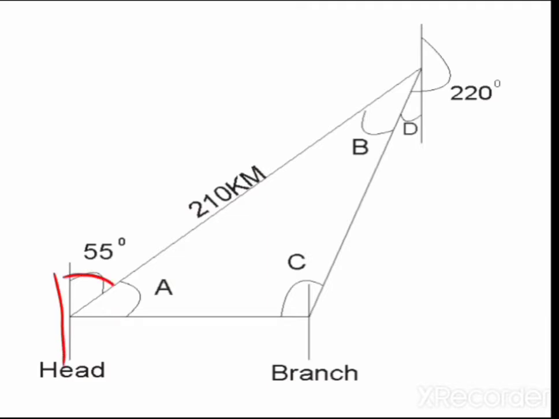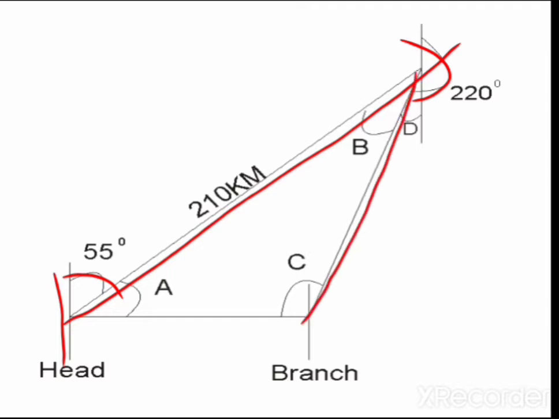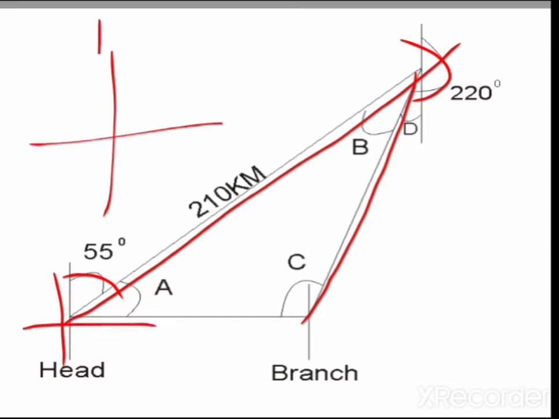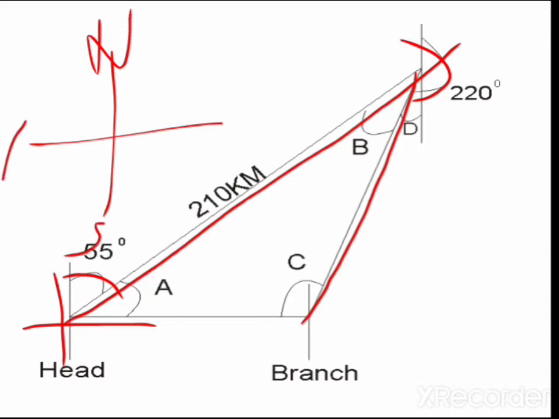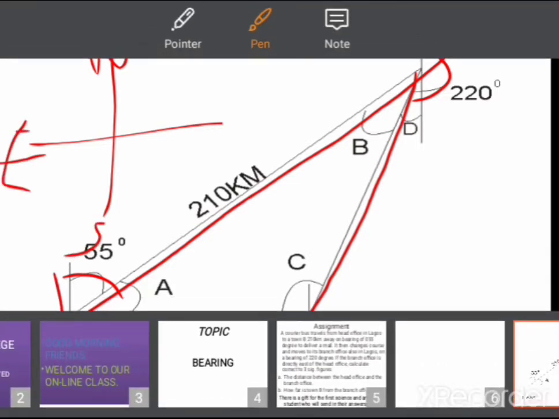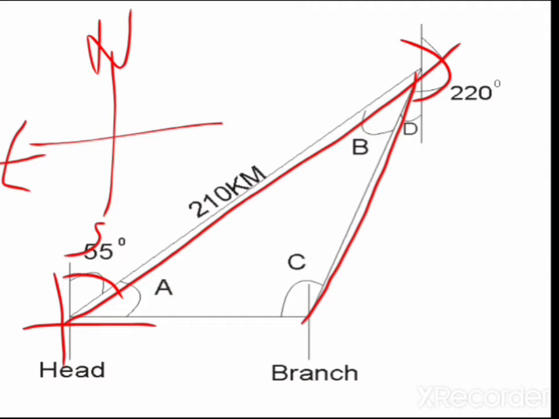It turns 55 degrees and moves to town B. Then from town B, he turns 220 degrees, which is this, and moves to his branch office. The branch office is directly east of the head office. These are north, south, east, and west. So when it says directly east, it will be in this region.